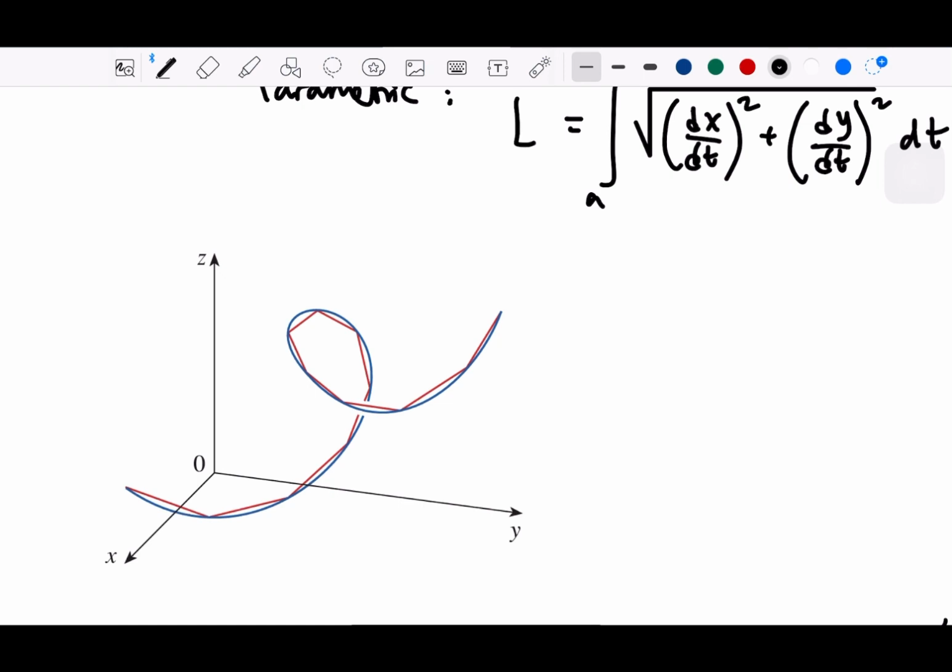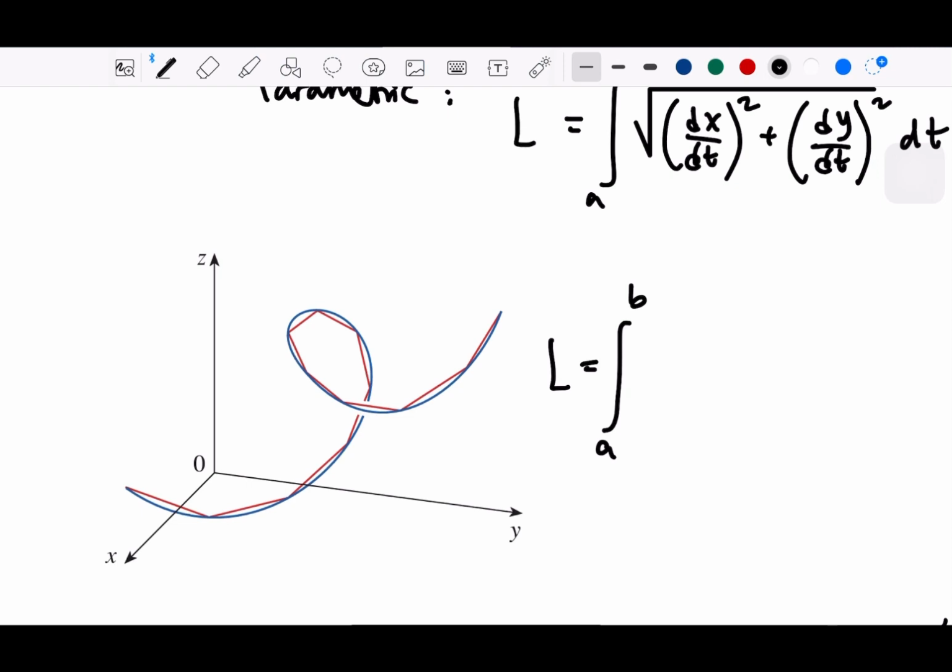This red line serves as a small distance between points inside the curve, right? So similarly, at the end of the day, we are going to have something very similar to what we have in parametric, but now in z. Okay, so x, y, and z.